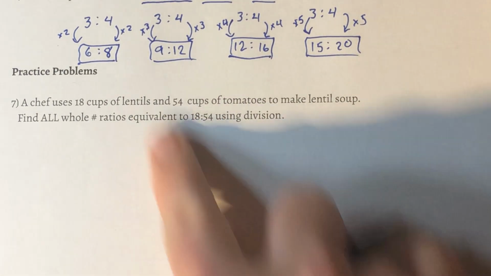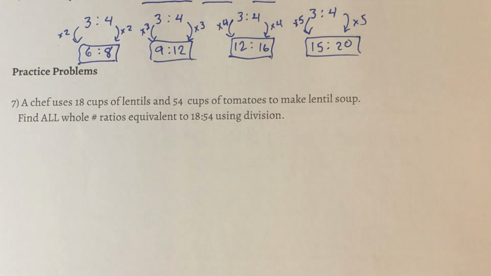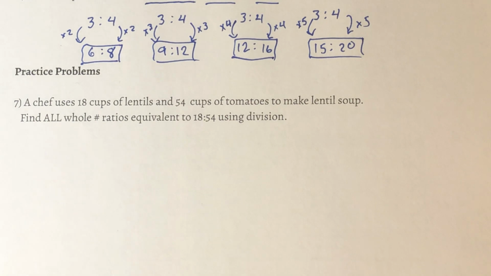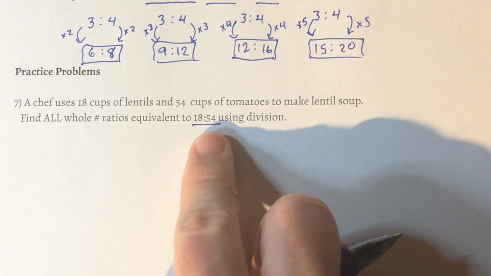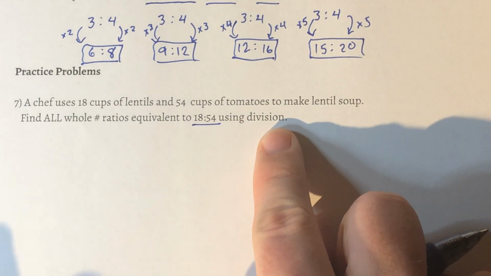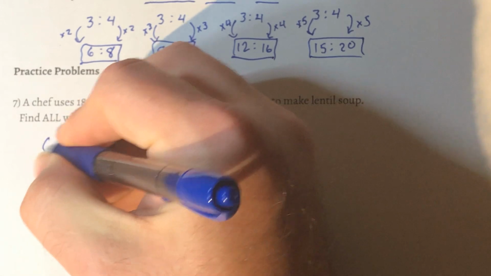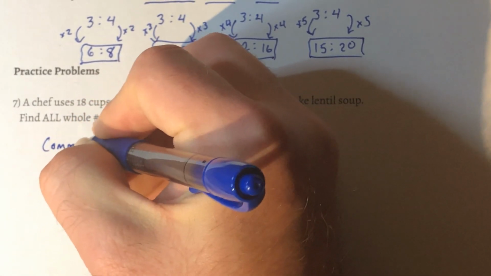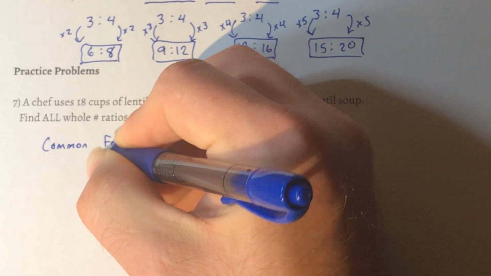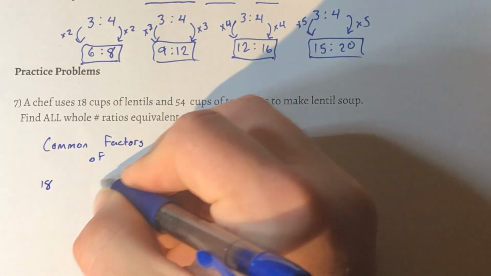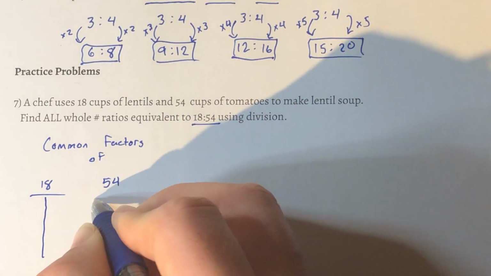And once we finish it, we're going to explain what the use of doing this is. Okay, so our first step, in order to use division, we need to find all the numbers that will divide into 18 and 54. So we're going to find the common factors of 18 and 54. That means we need to use T-charts.